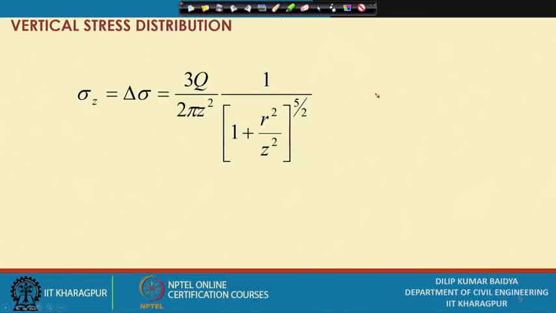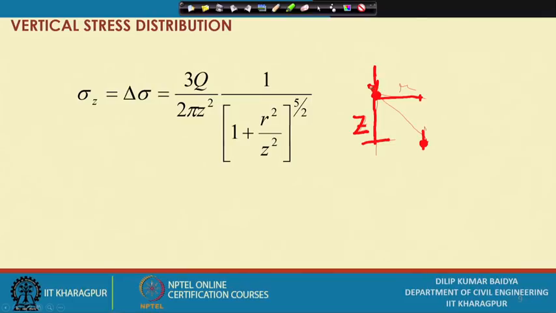If a force is applied here, and suppose your point is somewhere here at a radial distance r and at a vertical distance z, then you can see this is the vertical depth z and the radial distance r. These two things are kept here, and when the load is acting at a radial distance r and vertical depth z, what is the expression?